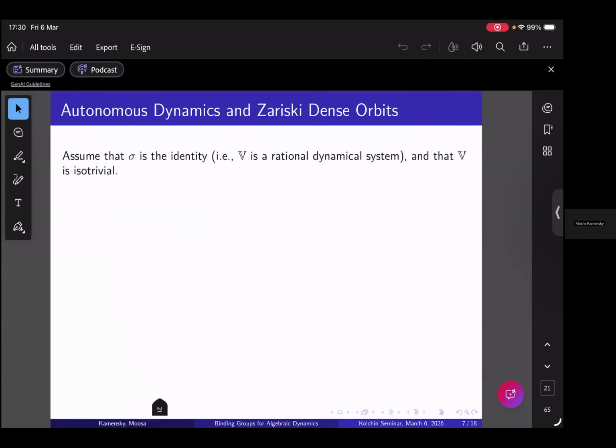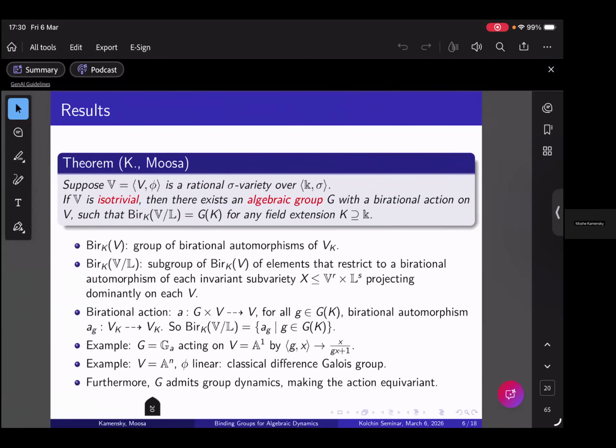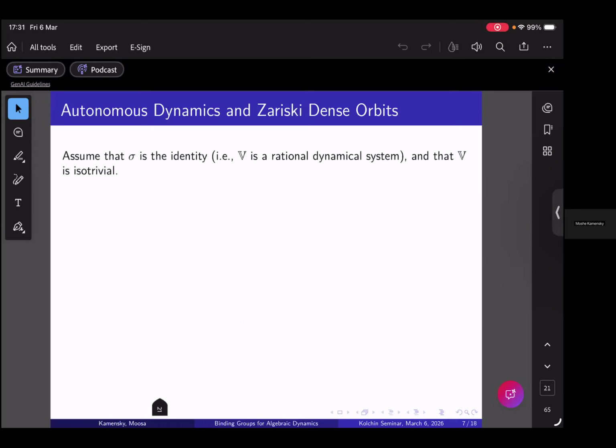Now I want to postpone talking about isotrivial. I want to talk about some applications. So the first application is to the case of dynamical systems, so sigma is the identity, and you could ask, suppose you have a dynamical system, so it's just one endomorphism or automorphism.